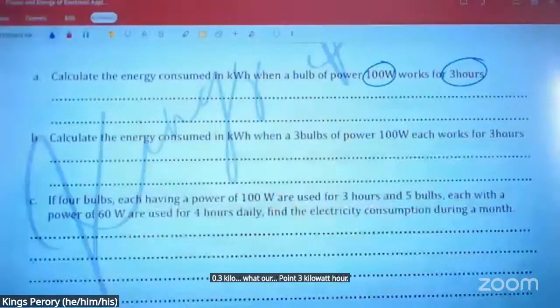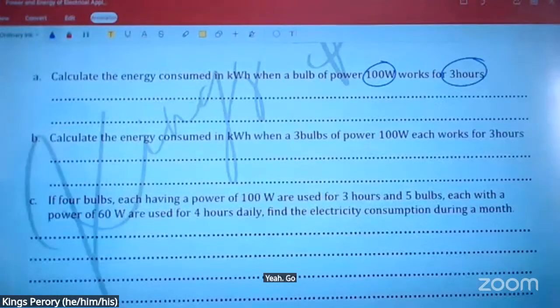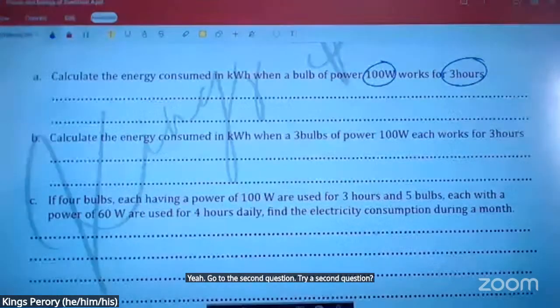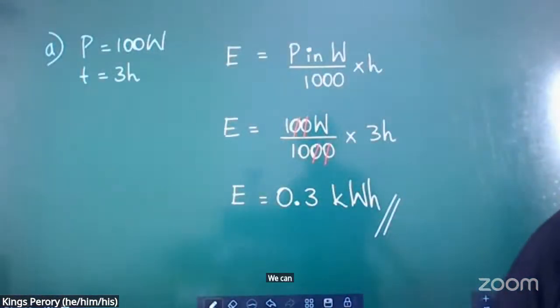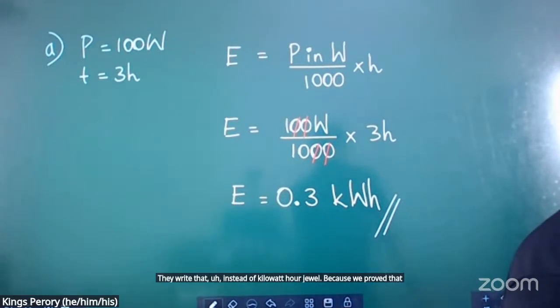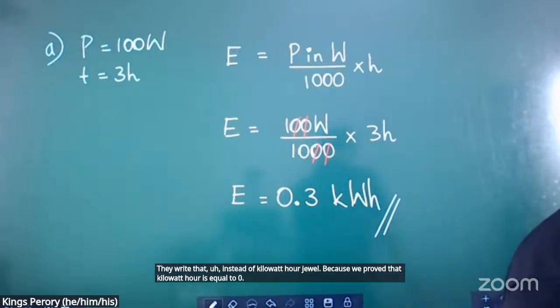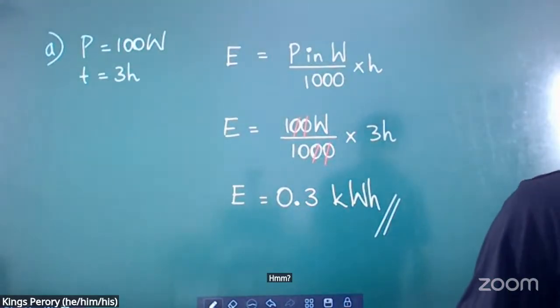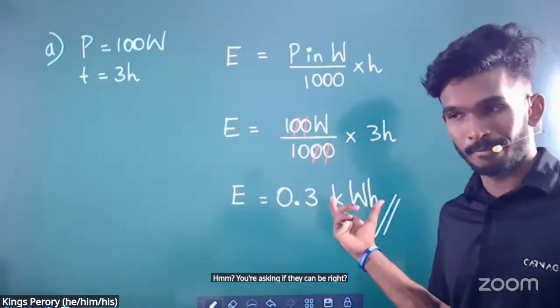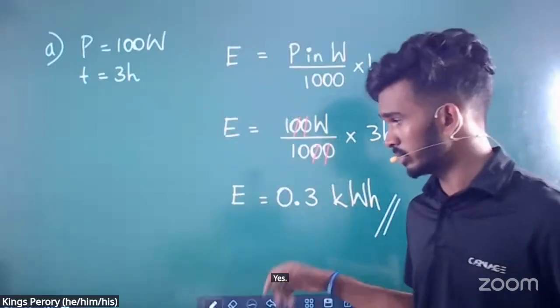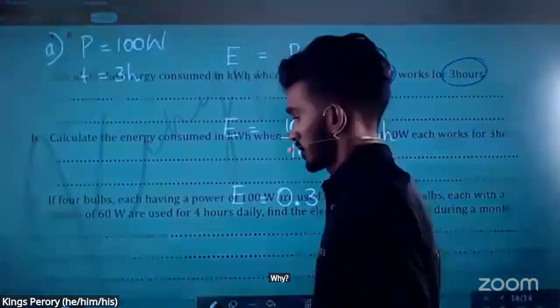Go to the second question. Try the second question. Those who are done with the first one. Yes, you can talk. We write joule instead of kilowatt hours, because we proved that kilowatt hour is equal to joule. You're asking whether we write joules instead? No, you can't. Why?